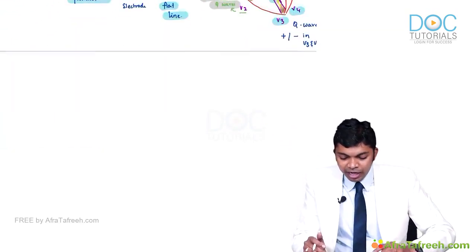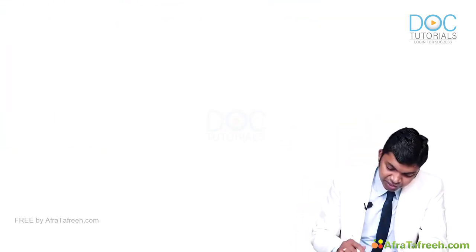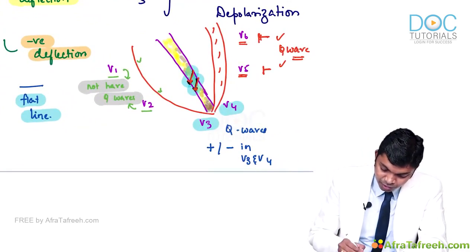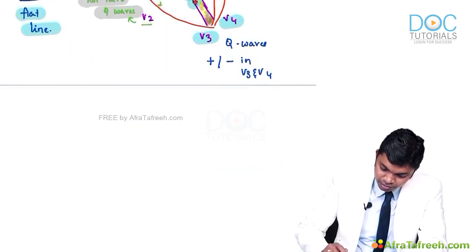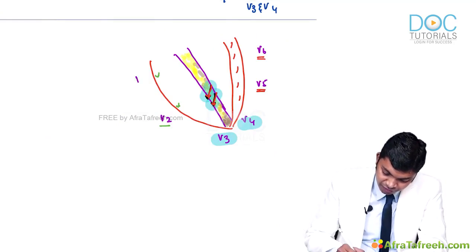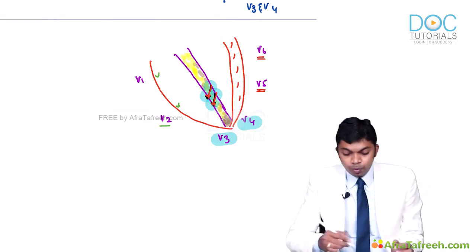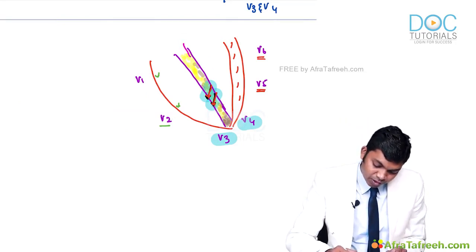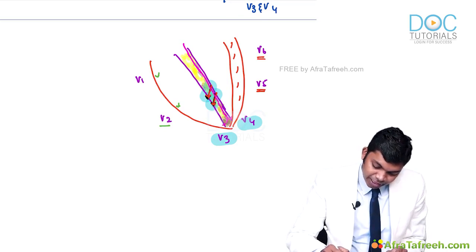Now coming to R and S waves, the same fashion, doctors. We have the same ventricle. Let us take up the very same diagram here, to avoid confusion. Okay, so we have the same lead structures, V1, V2, everything. Now we have the bundle branches that flow on the left side of the interventricular septum, and then divide into Purkinje fibers.